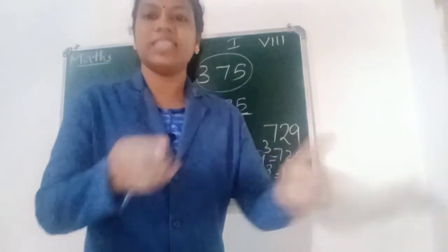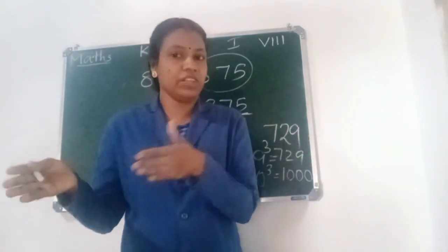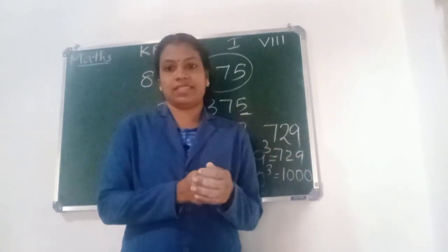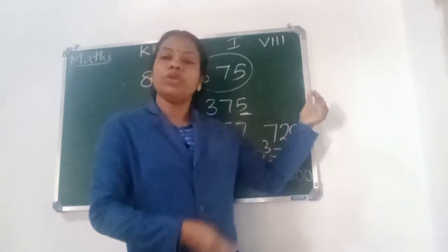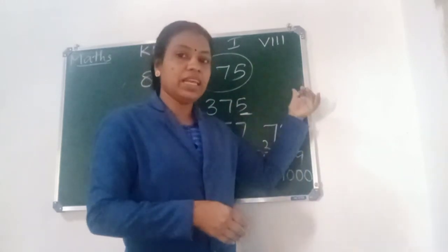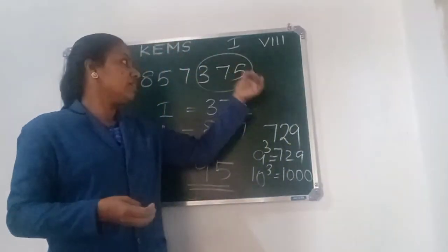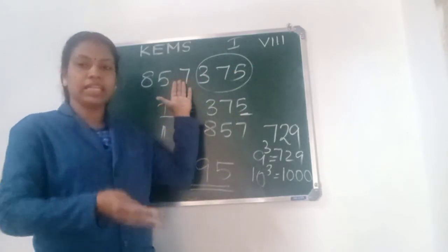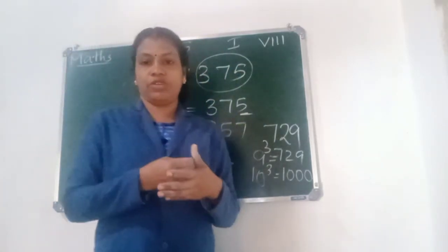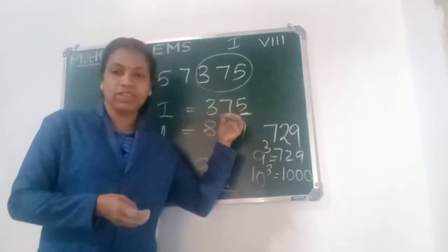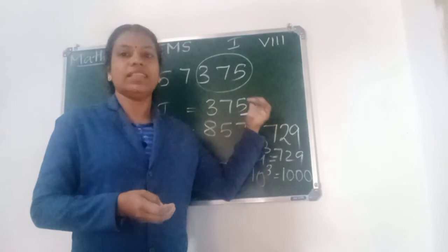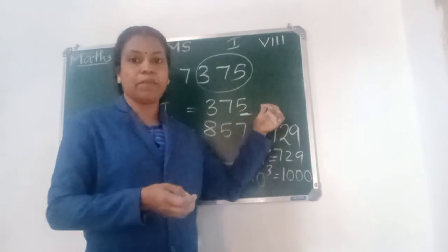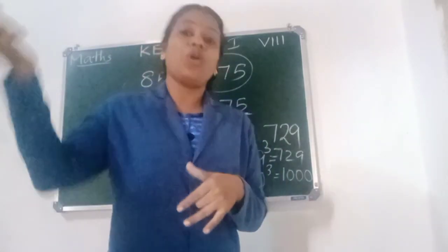To recap: first, divide the number into groups, each group having 3 digits, starting from the unit place. The last 3 digits make the first group, then the remaining numbers make the second group. Take the first group, 375. The unit place digit of that number gives the unit digit of the cube root.